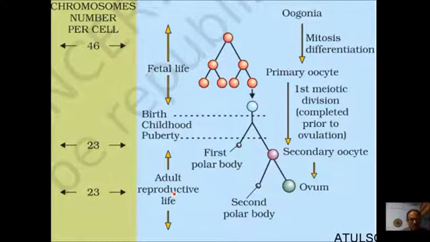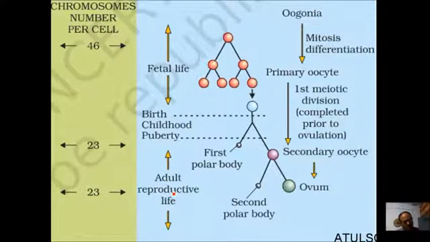This is a flow chart that shows what are the different stages of life of a human female where the process of oogenesis takes place. Now you will see the first is oogonia.